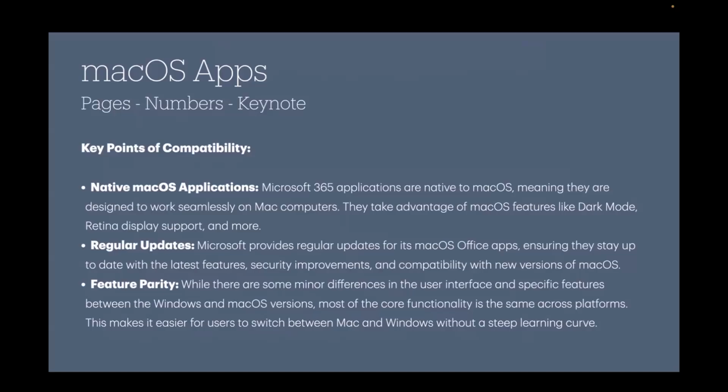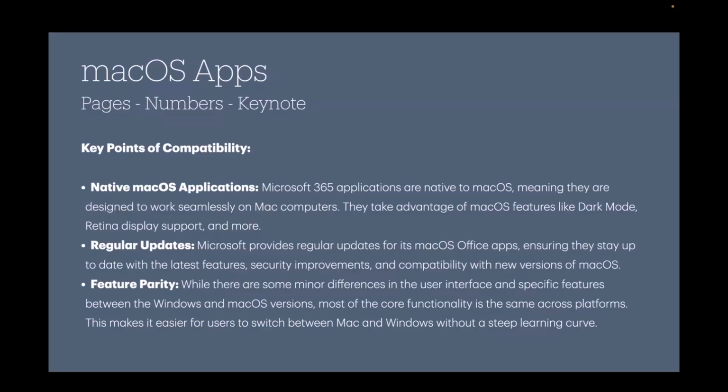Some of the key compatibilities of Microsoft 365 is that it is native to macOS, meaning that it's designed to work seamlessly on Mac computers. They take advantage of all the Mac's features as far as Retina display support and more. It also has regular updates for its macOS Office apps, ensuring that they're up to date with the latest features, security improvements, and compatibility with new versions.